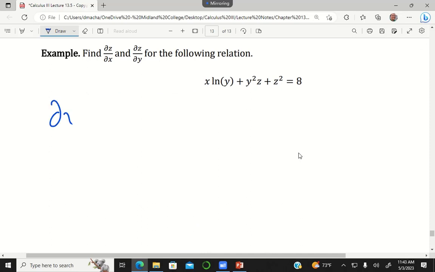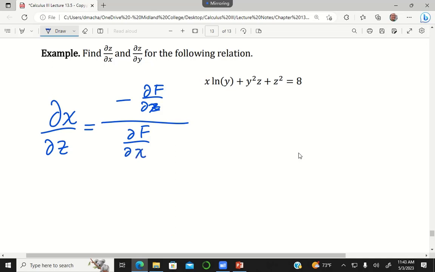Let's find partial x partial z this time. So that formula would be minus partial f with respect to z over partial f with respect to x. y squared plus 2z.